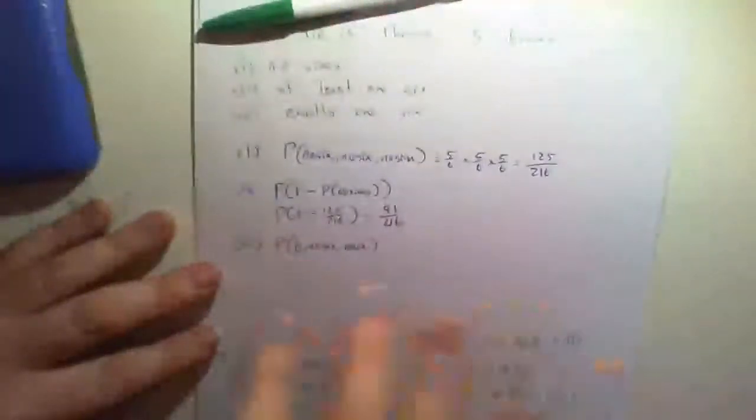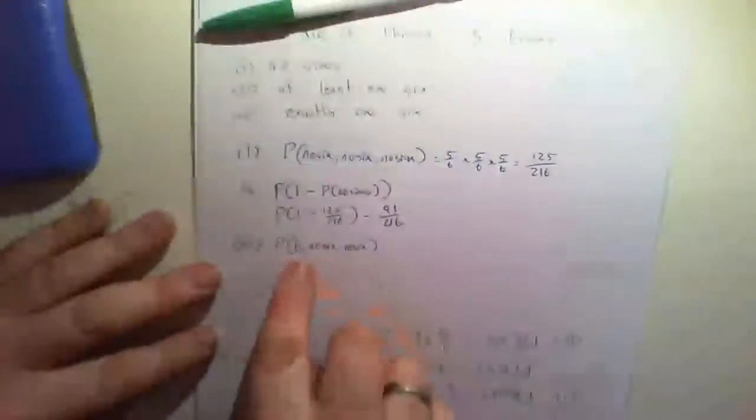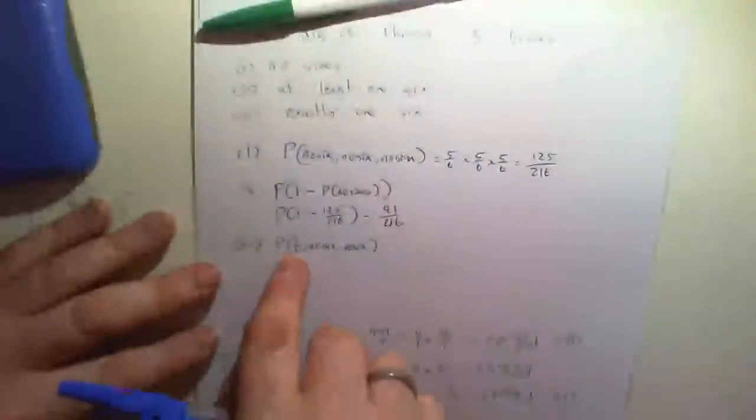And then that'd be one possible outcome. The second possible outcome could be no 6, 6, no 6. And then the third possible outcome could be no 6, no 6, 6.